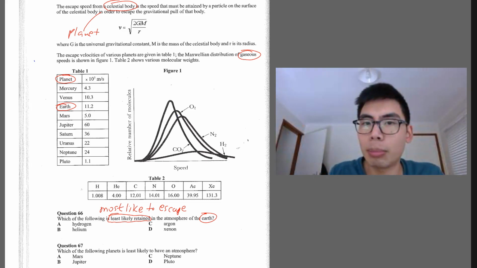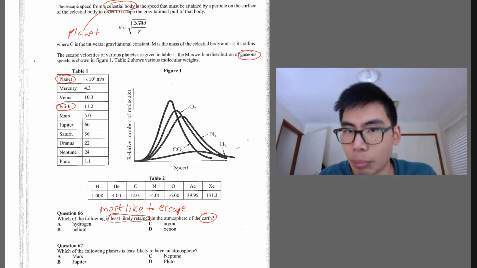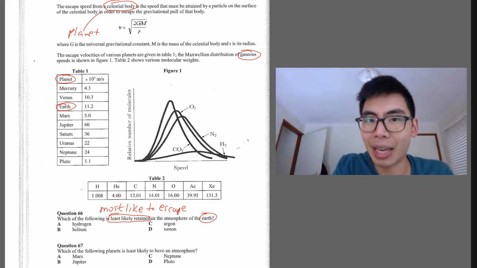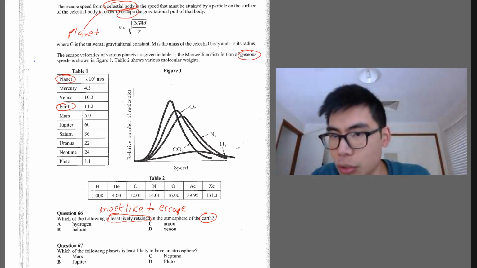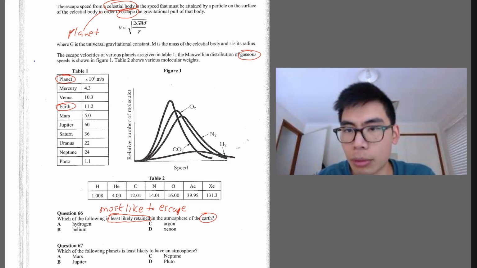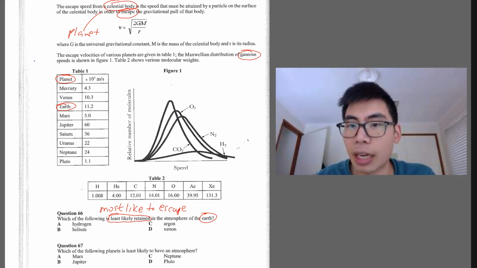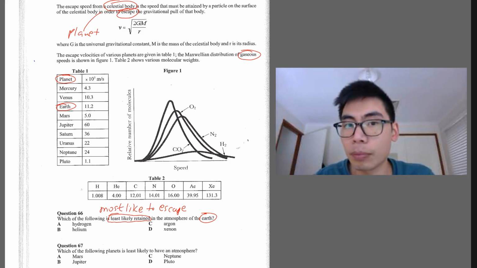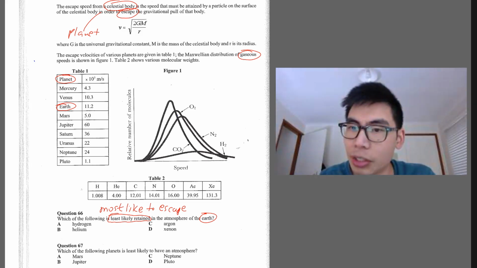So in other words, the particle must have that speed to be able to escape the gravitational pull of the body. So you need to be traveling, let's say you're the particle, at a certain speed, which is the escape speed, to be able to escape from a certain planet. Okay, that's what the escape speed is. It's almost like a speed limit. You need to reach that speed to be able to escape.